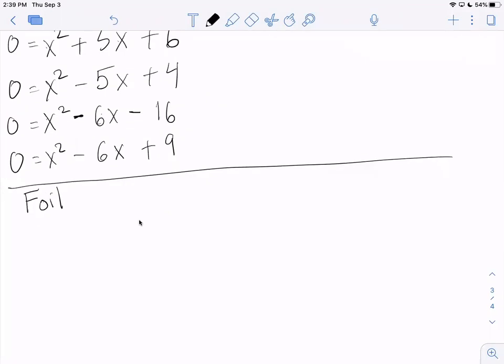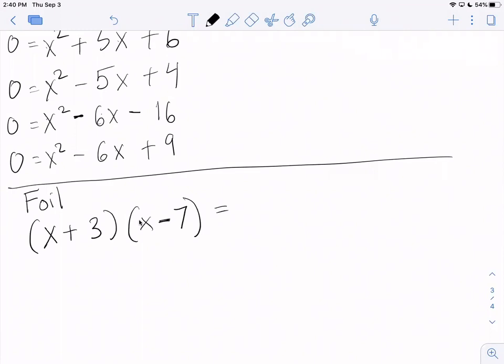So FOILing, it's just the idea of multiplying two expressions together, and you can think of it visually, or I just like to think that every pair that I can group from each parentheses, I multiply them together, and then I group all the results, and I group all the like terms.